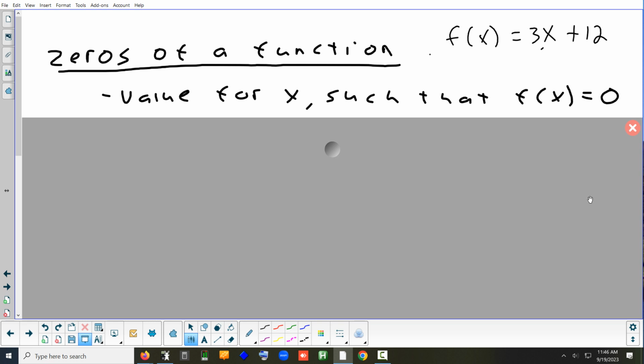It's a value for x such that when you plug it into your formula, the answer comes out to 0. Now, some functions only have 1 zero. That negative 4 is the only number you could plug in and get 0 as the answer. Now, what if I had this?